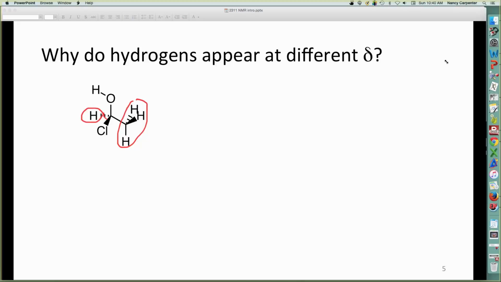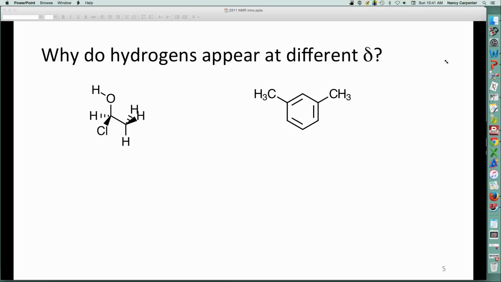Wow, that's really next to some electronegative elements. This hydrogen, my gosh, it's attached to an electronegative element. So these hydrogens feel different amounts of electron density, and as a result they show up at different regions of the NMR spectrum.